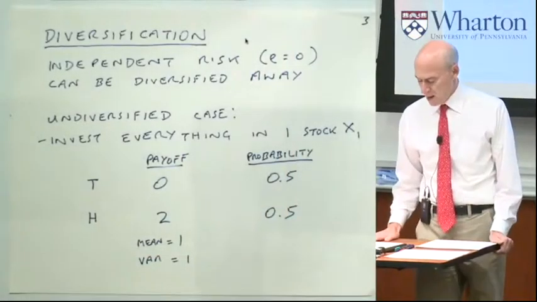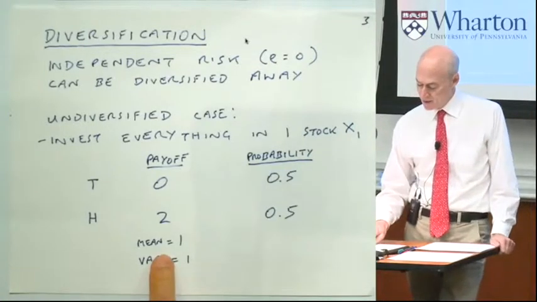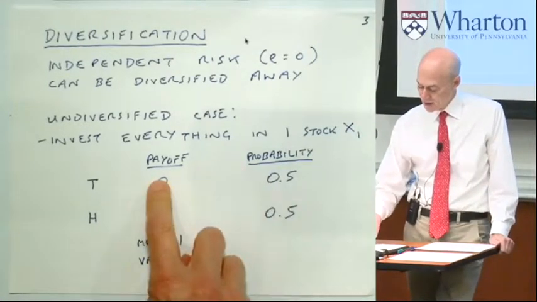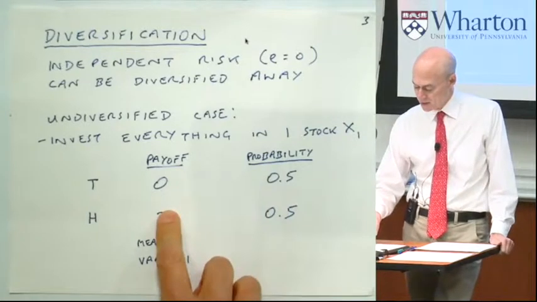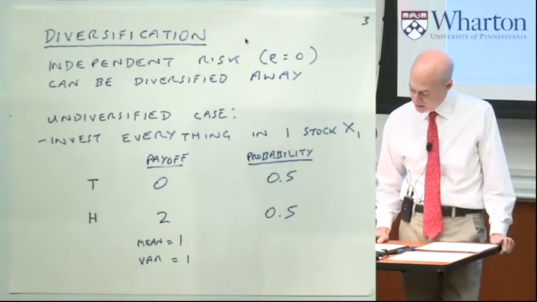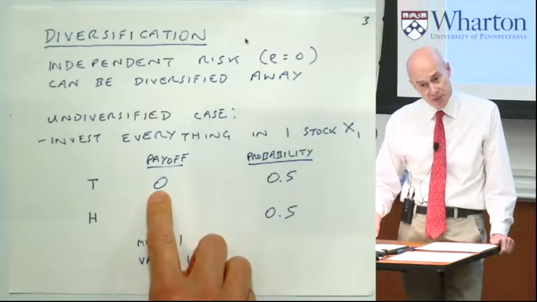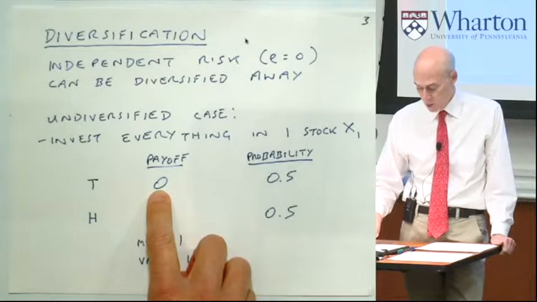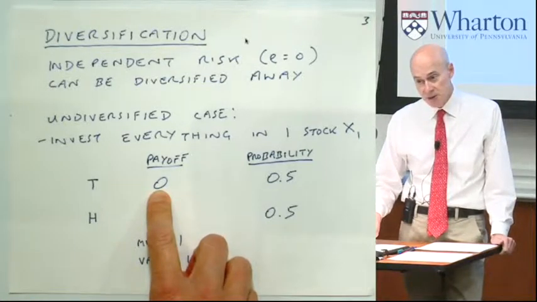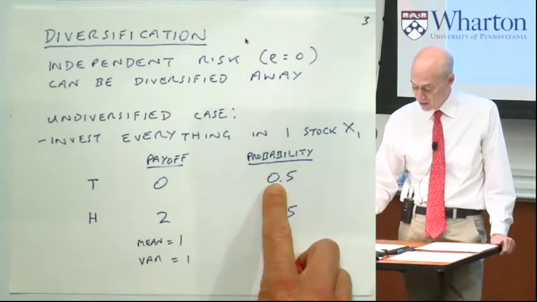If we just invest in one stock like that, the mean is 1. That's 0.5 times 0 plus 0.5 times 2, which is 1. And then the variance is 1. The way we get that, we look at the deviation from the mean here, which is minus 1. We square it, which gives us 1. We multiply by the probability and that gives us half.